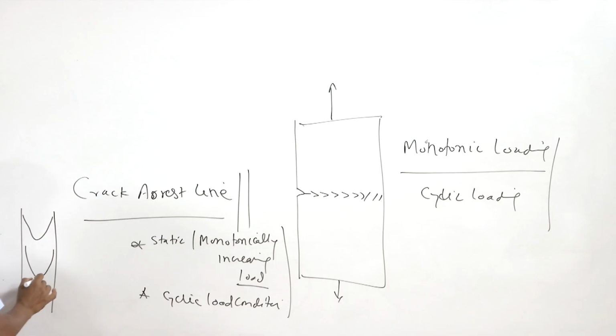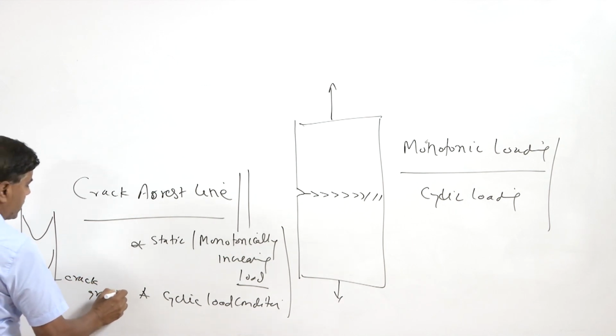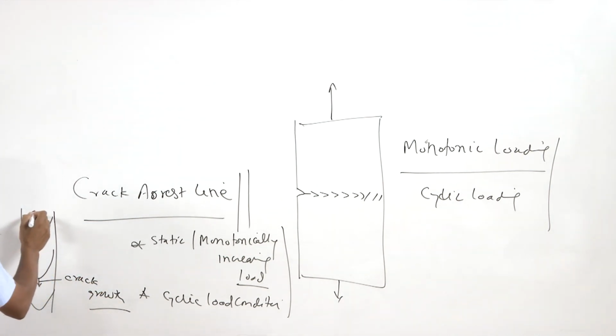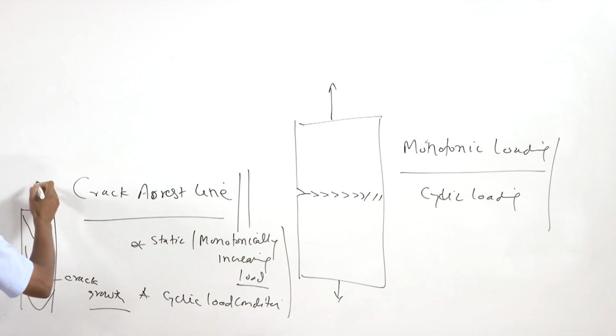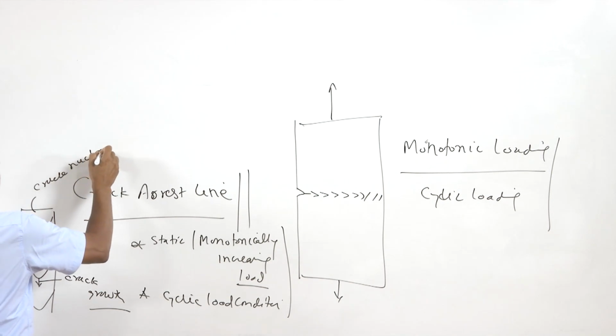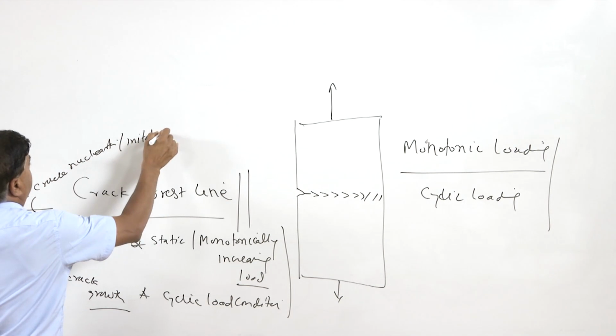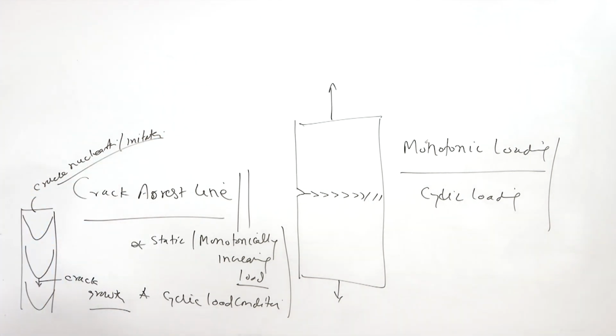The tip of the U offers the direction of crack growth. Obviously, the direction opposite to the tip indicates the crack nucleation or initiation site, where it has started or triggered.